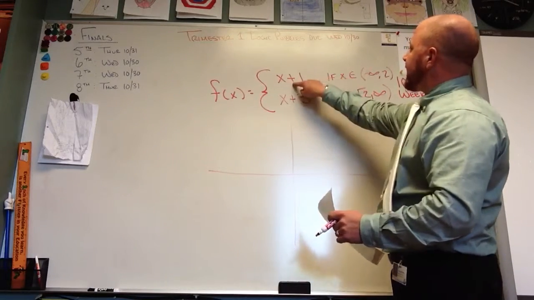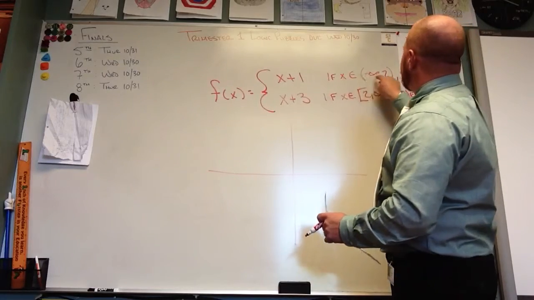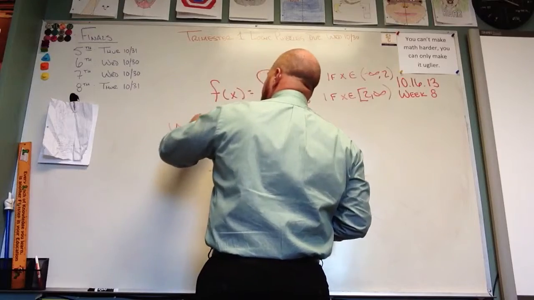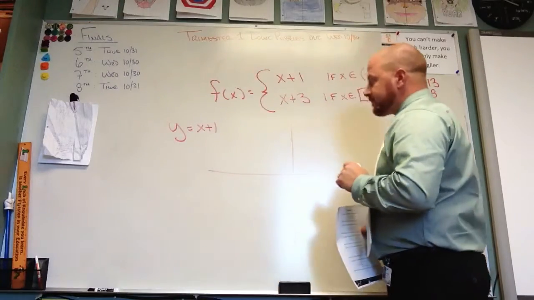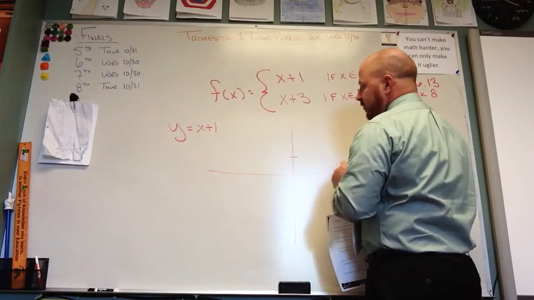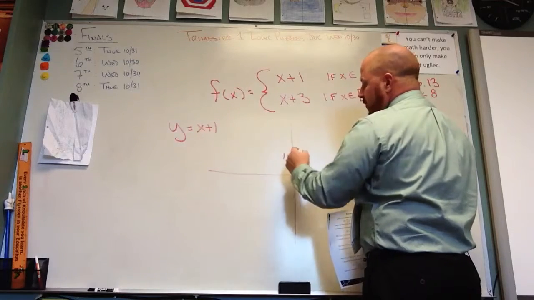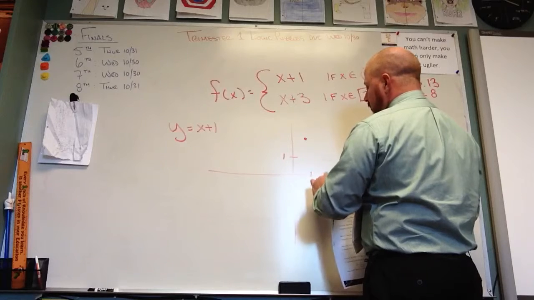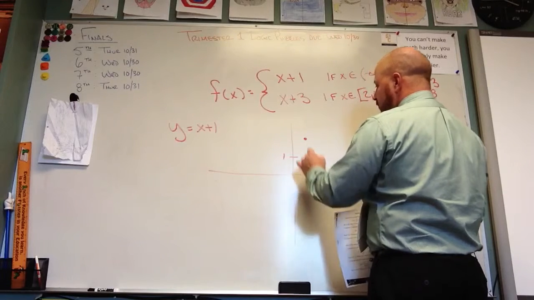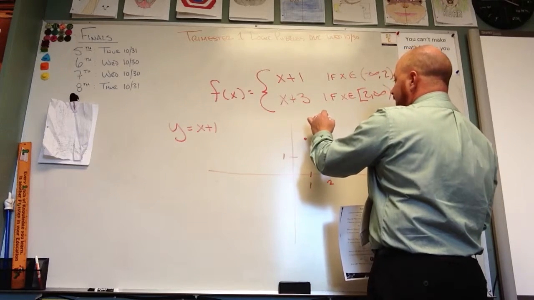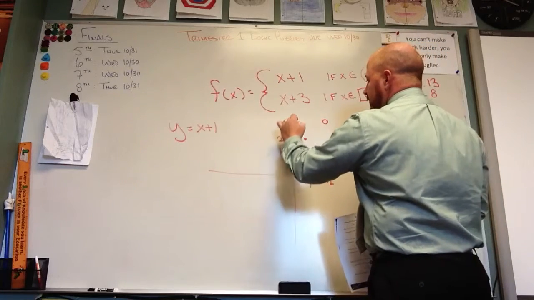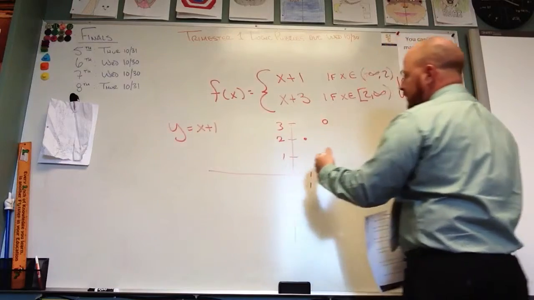So if we're graphing x plus 1 from negative infinity to 2, that really is just the line y equals x plus 1 that we started graphing back in 6th grade. It means that we have a y-intercept of 1, okay, and then we have a slope of 1. So we're going to go up 1 and over 1, okay, and notice I'm at 1. And then over here at 2, when I go up 1 and over 1, I'm going to put an open dot there, okay?